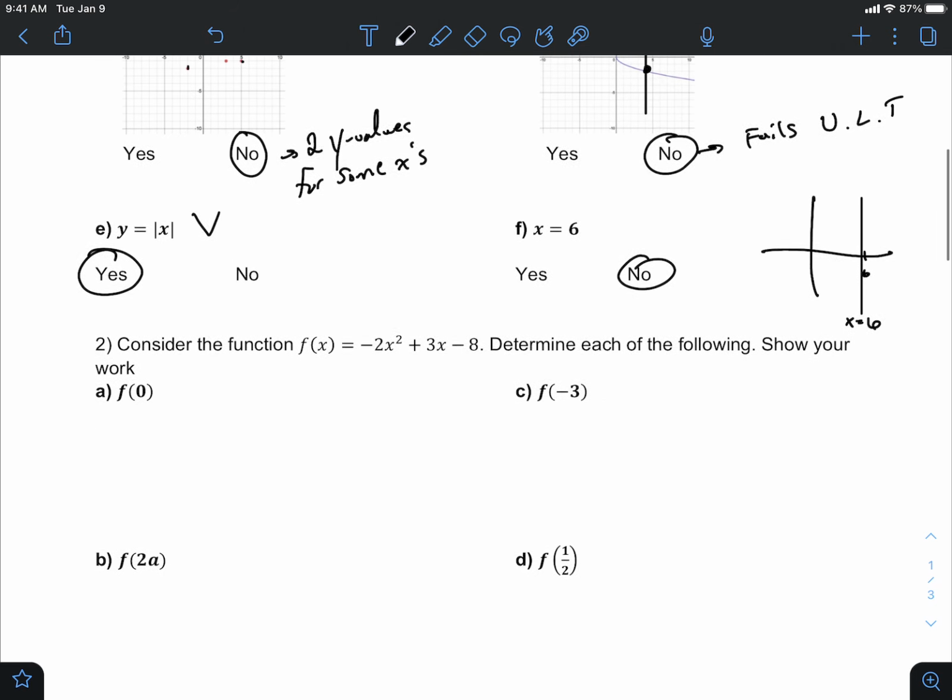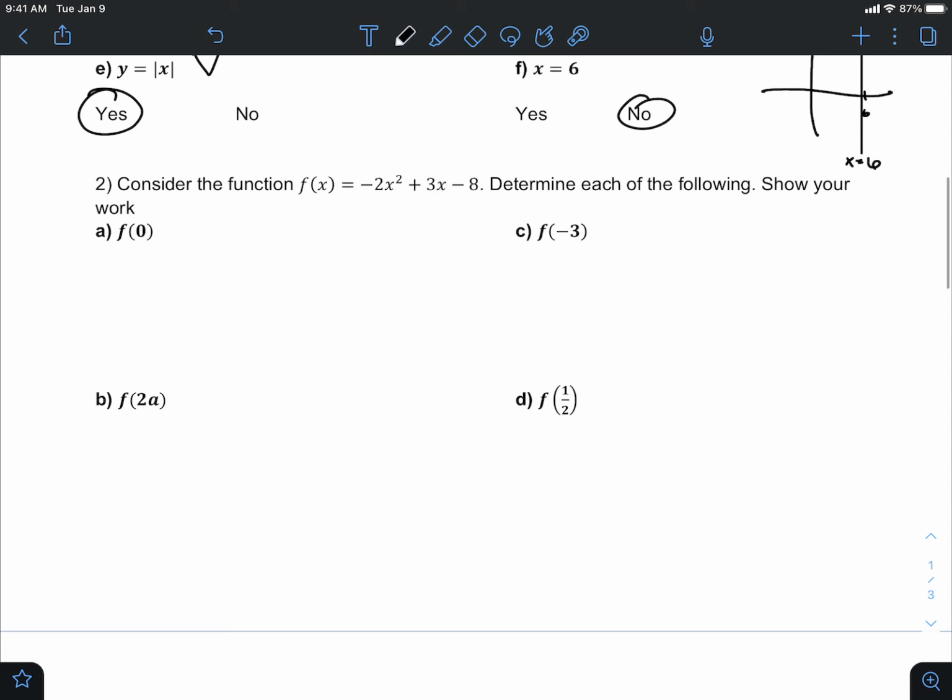Down here's a little function notation for you just to see whether or not you could interpret what function notation was doing. Okay, and so for this one, f of 0 means to plug in 0 for x. So when I plug in 0 for x, I'll try to go fast on the questions that don't need me to go slow.